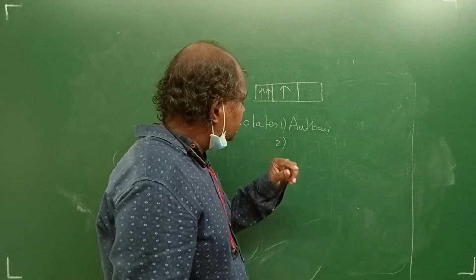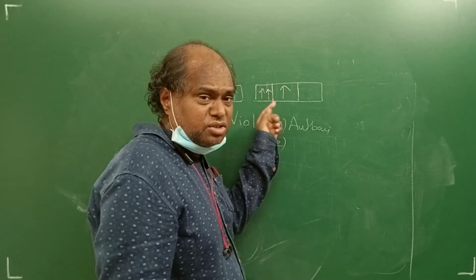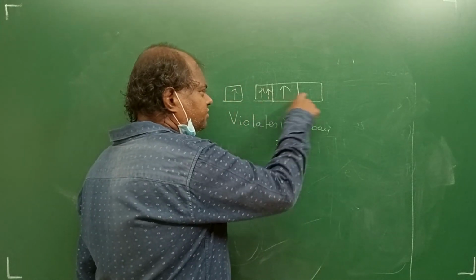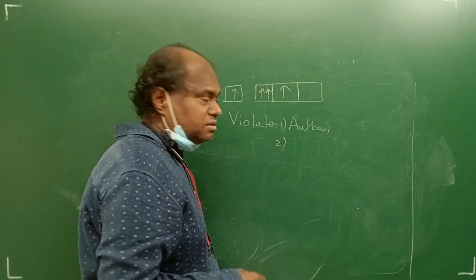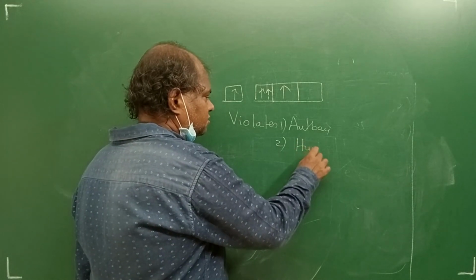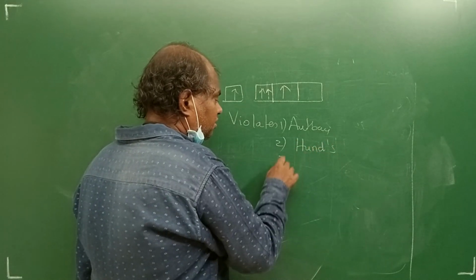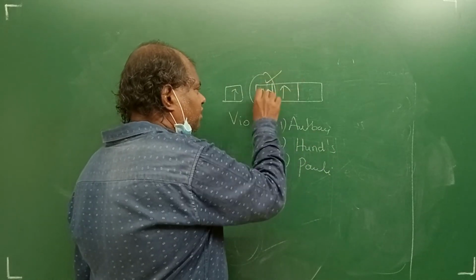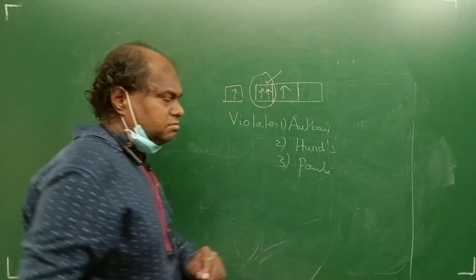Second, it also violates Hund's rule. How does it violate Hund's rule? Tell me. Because if you are filling three electrons, you should fill single, single, single. And remember, it also violates Pauli's rule. Why? Because Pauli told that in one box you can't have the same spin.